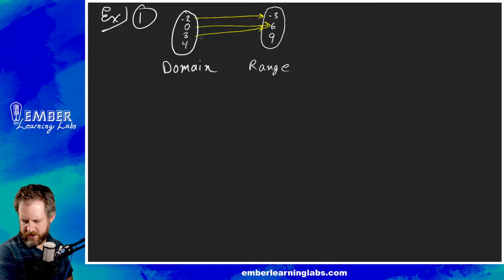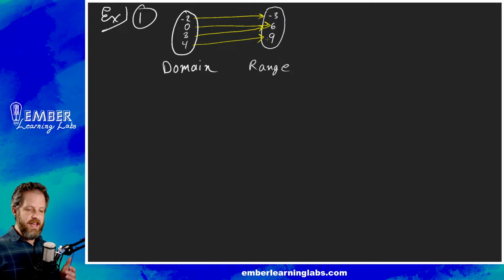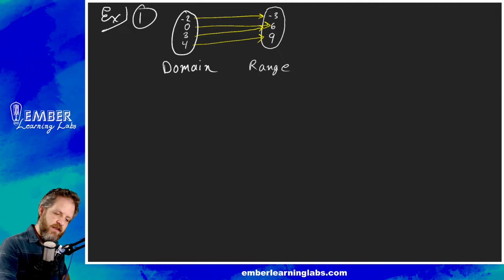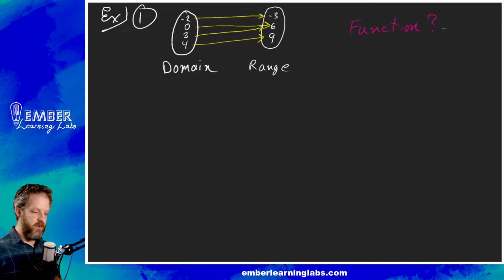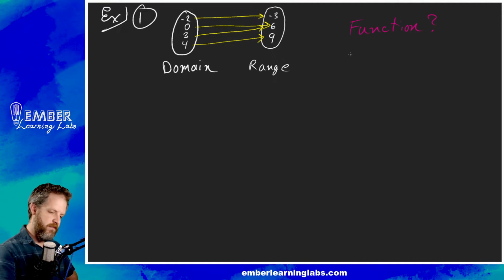And then the 4 is going to be mapped onto the 9. Right? So, the question that we're going to ask on these kind of problems is, is this a function? Yes or no? So this one right here is a function.